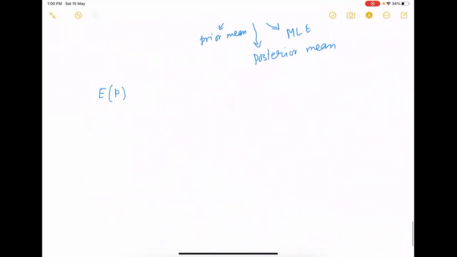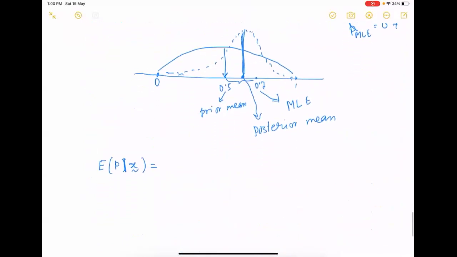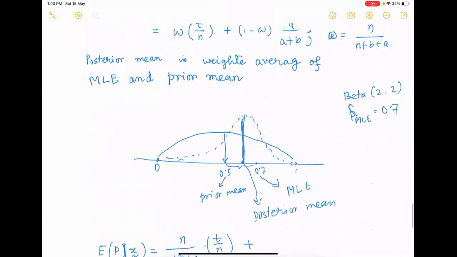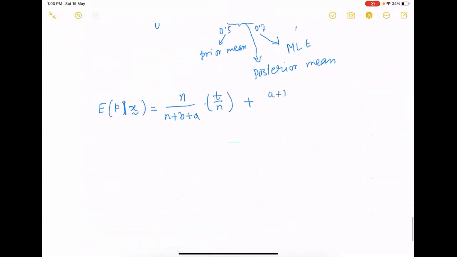So the expected value of P given X tilde is N / (N + A + B) times T/N, plus (A + B) / (N + A + B) times A / (A + B).